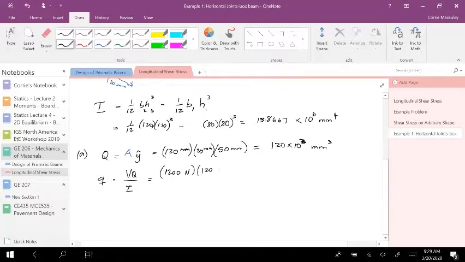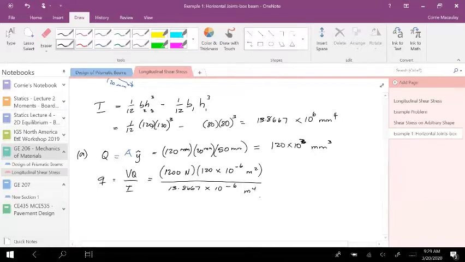So if I put that in meters, that should be times 10 to the minus 6 meters cubed, and that's Q. And I, we have as 13.866 times 10 to the 6 millimeters to the 4. If I want to put that in meters, that should come out to 13.8667 times 10 to the minus 6 meters to the 4.